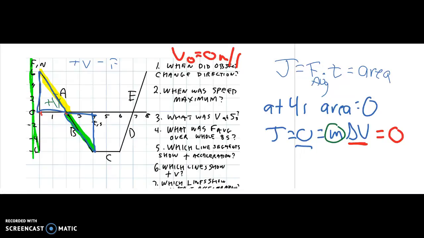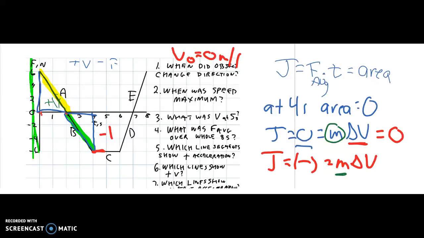Now, what happens in this tiny bit of segment? As soon as I go past this, the area here is going to be negative. So if I have the area, which is impulse, as a negative number, then I can set this equal to mass times change in velocity. This is where mass is a scalar, so it doesn't do anything with direction.